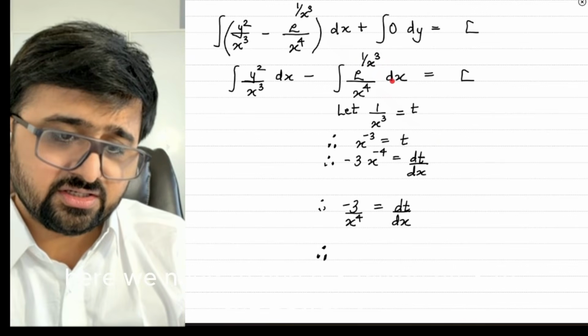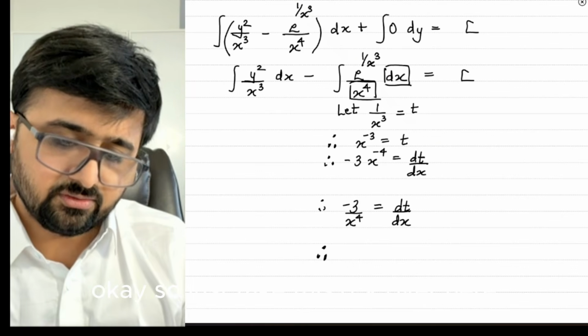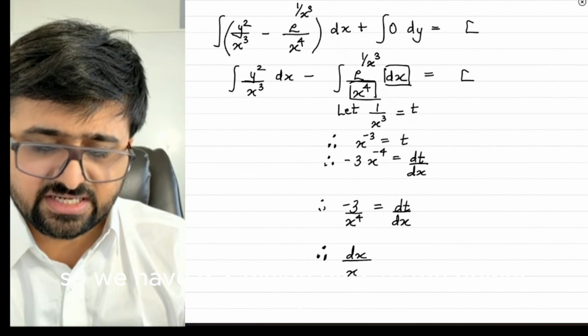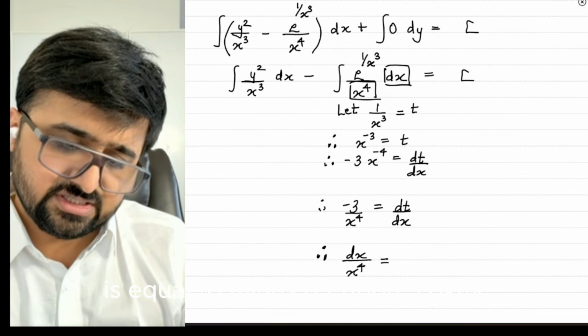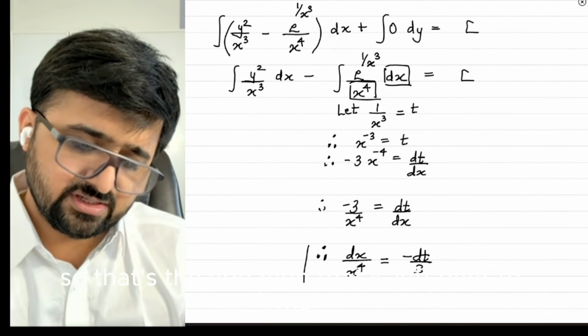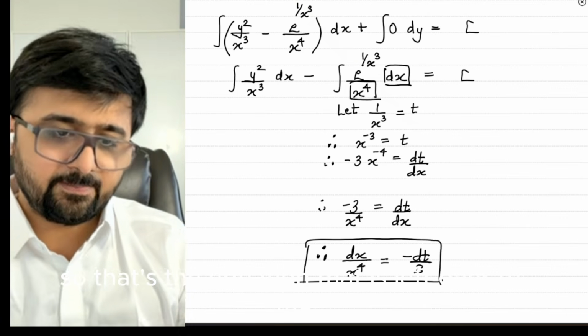Therefore, here we need to find dx divided by x to the power 4. So just take this dx over here. So we have dx divided by x to the power 4 is equal to minus dt upon 3. So that's the equation that is left over to me.